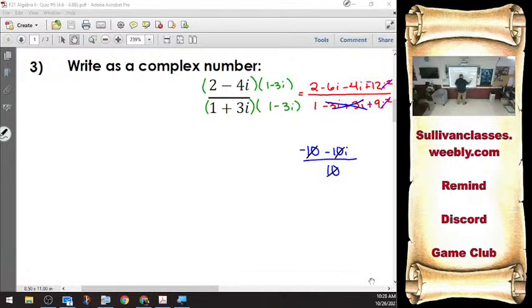If you can reduce them right now, like that, that's fine. It's still going to be negative 1 minus i. Or it's negative 10 over 10 minus 10 over 10 i. And then simplify it. I don't care how you simplify it, just make sure that you follow math law when you do.